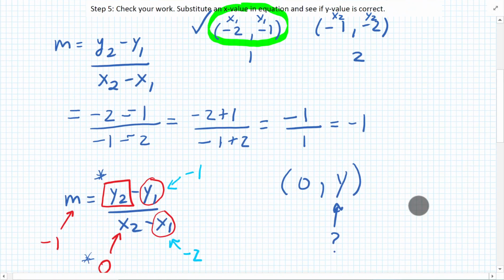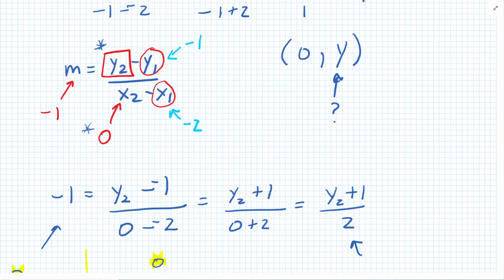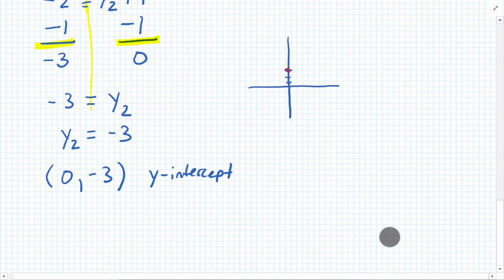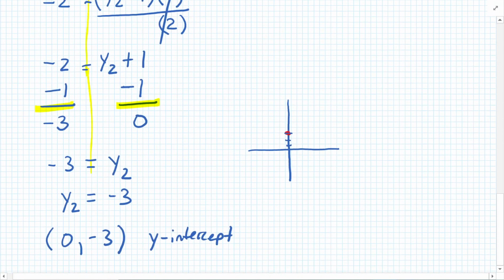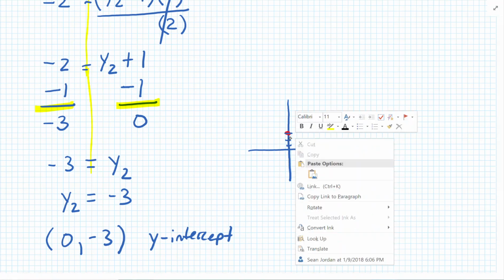We know the slope, remember? The slope was -1. Remember that? So if we draw a line with a slope of -1, that means we come down 1 and go over 1. That'll be a point.